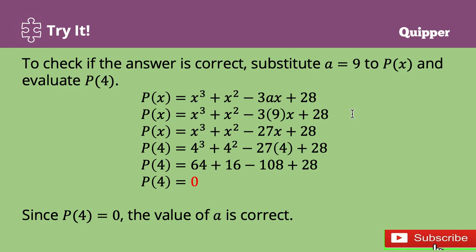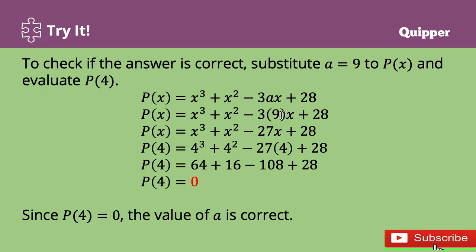To check if the answer is correct, we will substitute the value of a, which is 9, to the given p of x, and then evaluate p of 4 using the remainder theorem. This is the given p of x, and we don't have yet the value of a here, so we'll substitute the value of a, which is 9.